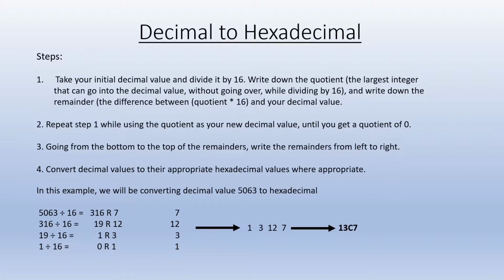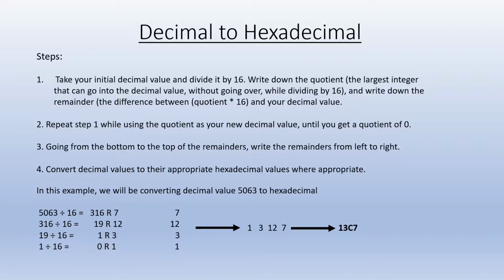So decimal to hexadecimal is a little bit more complex, but nothing too bad. You just will probably need to pull out a calculator, at least I need to. So the first step you're going to do is you're going to take your initial decimal value.